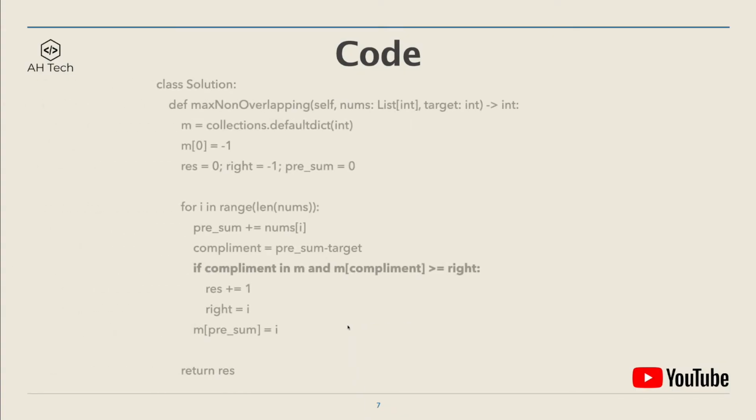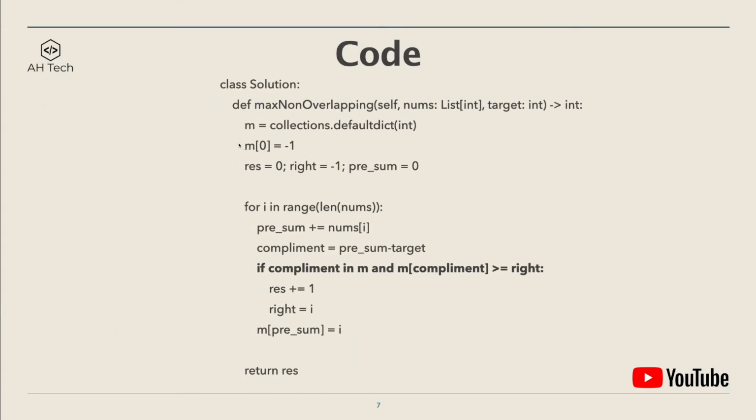Okay, and let's see the code. The code is actually pretty short and clean. So first, generate the hash map using the Python default dictionary, and then the first key value pair in the hash map will be 0 and -1. Then set up the variables we need, which are the result, the variable right, and prefix sum. Then use a for loop to go through the array and calculate the prefix sum on the go, and also the variable complement.